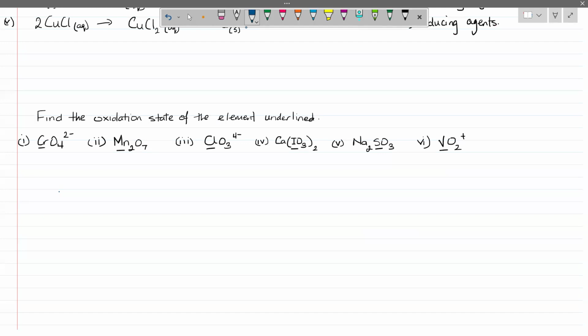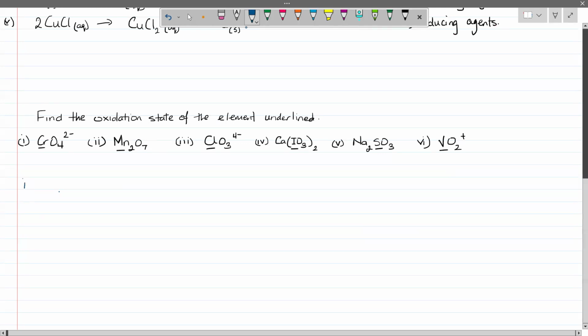Right. Now, first one, we have CrO4 2 minus. We would use the X to represent the unknown oxidation number for chromium. We know that oxygen, there's 4 of them, and the oxidation number for oxygen is -2. Now, this is equal to the charge on the polyatomic ion, so this is 2 minus.